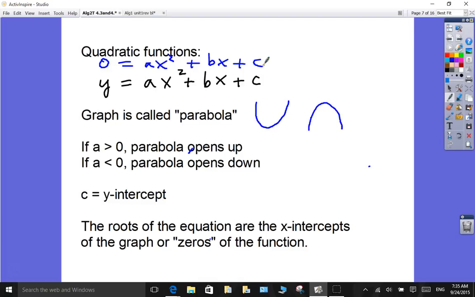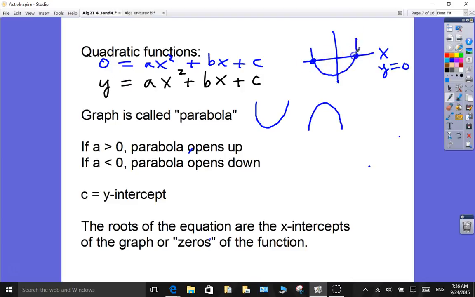Where does y equal 0 on a graph? Or on the x-axis, right? In the xy plane, right? On the x-axis, y equals 0. So really what you're finding when you find the solutions to the equation, you're finding the x-intercepts of the graph right there.